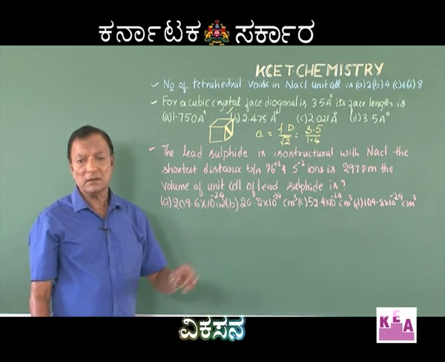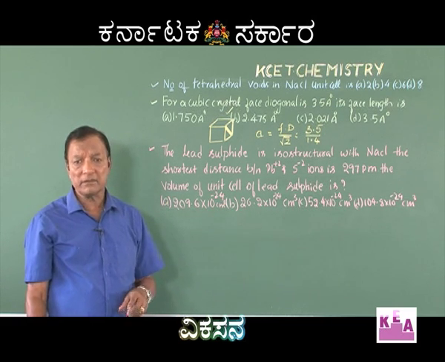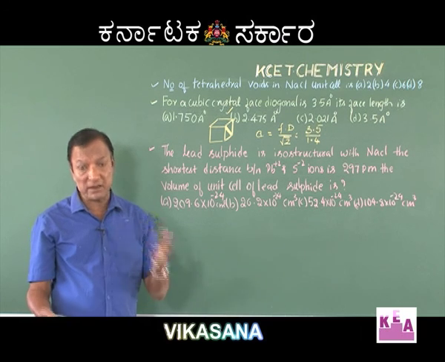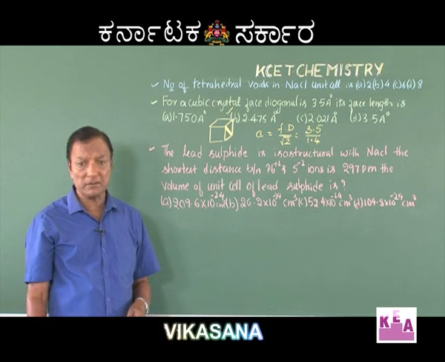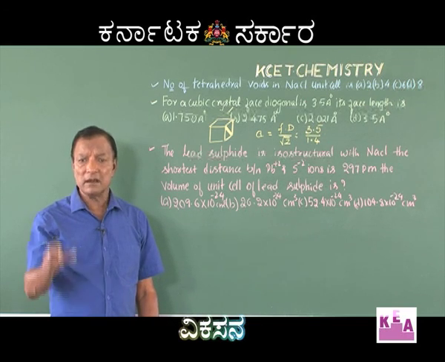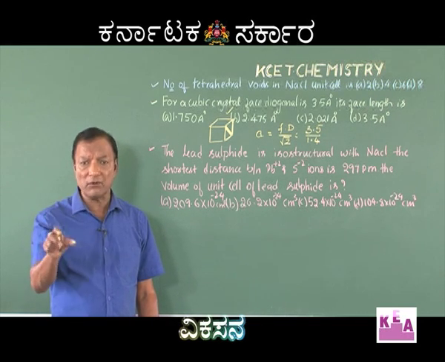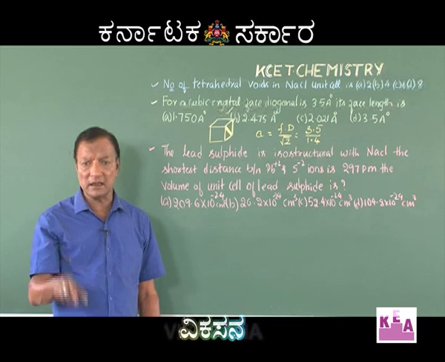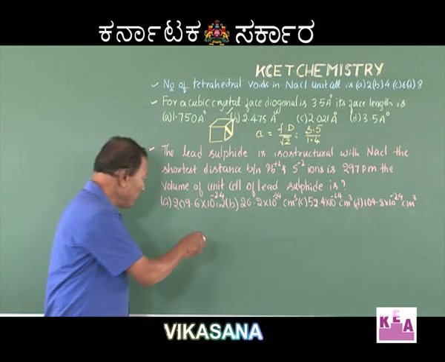And what about the NaCl structure? For the NaCl structure, which is a face-centered type, we have the edge carrying alternate arrangements of Na plus and Cl minus, and we put it this way.